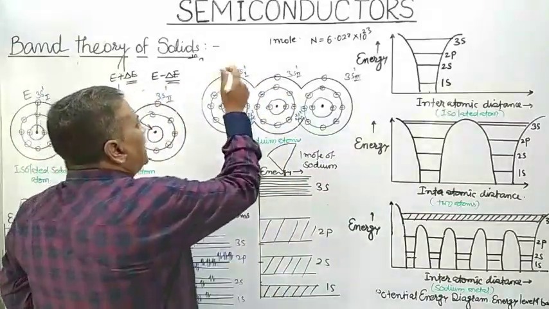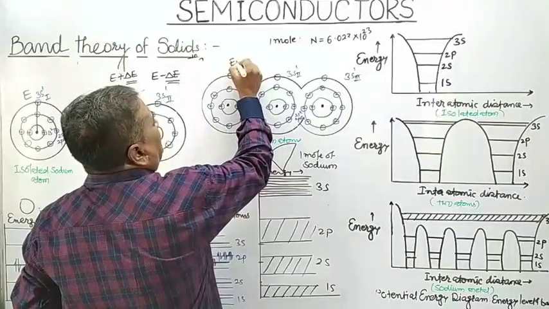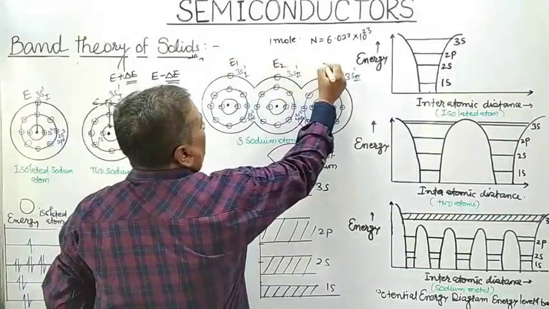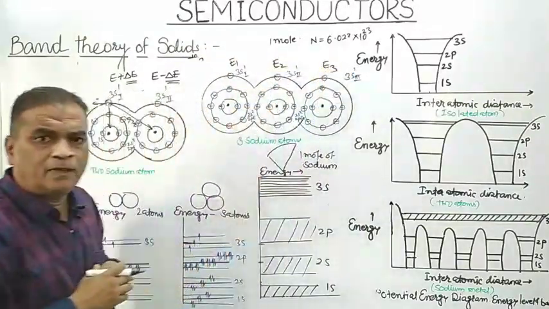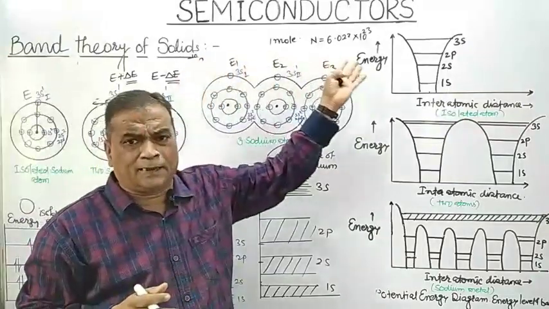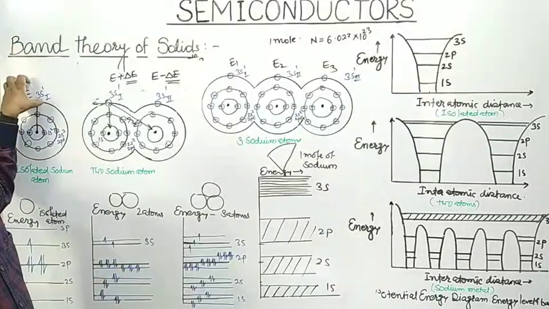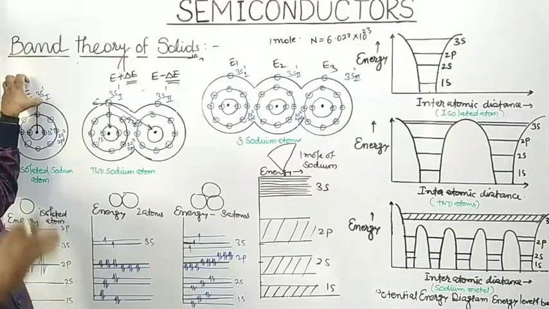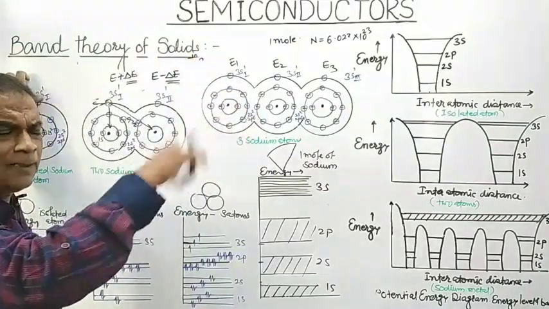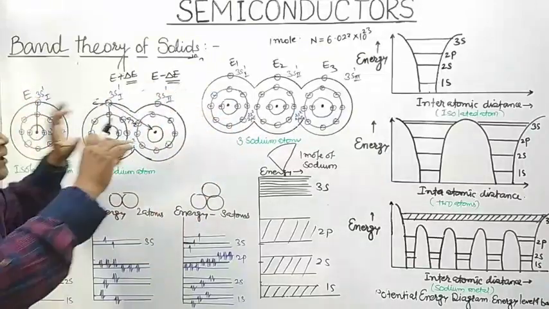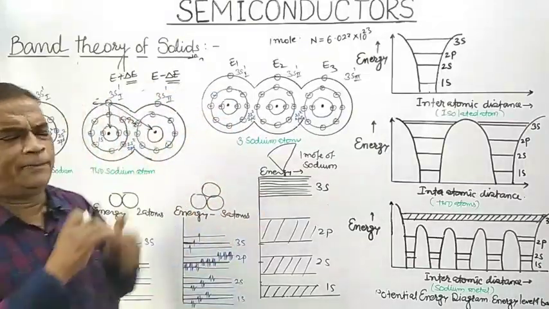If I say the energy of these 3s orbits is E1, E2, and E3, then E1, E2, E3 are slightly different from their original value E. It may be E plus delta E, it may be E minus delta E, it may be plus or it may be minus.